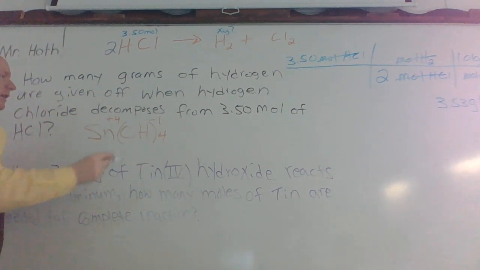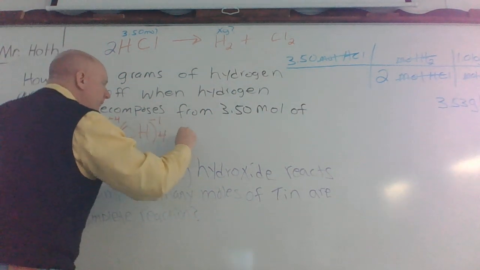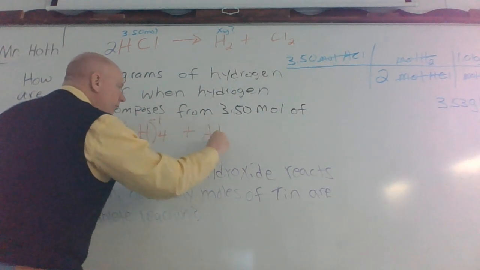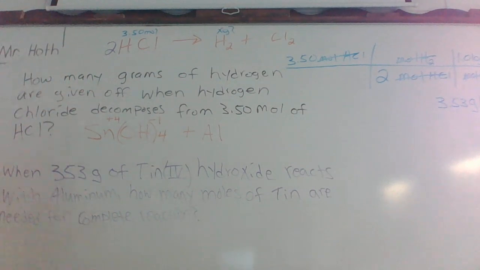So we're reacting that with aluminum. Even though it's not bonded with anything, what type of ion will aluminum form? What would it tell you either on that table or yours?